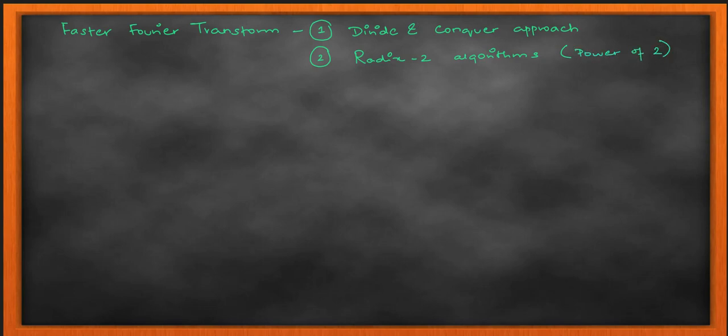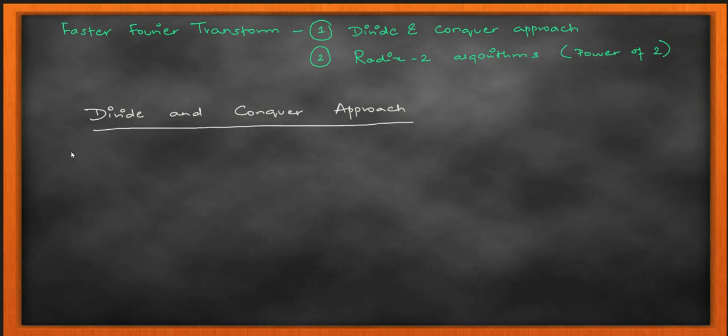I would say around 80% of the systems and filters that work on DSP with Fourier transform are built using radix 2 algorithms. So radix 2 is one of the most widely used fast Fourier transforms, and we'll be seeing that in detail. But before we get to that, we still have the divide and conquer approach to see, which is also pretty useful if you get to know it.